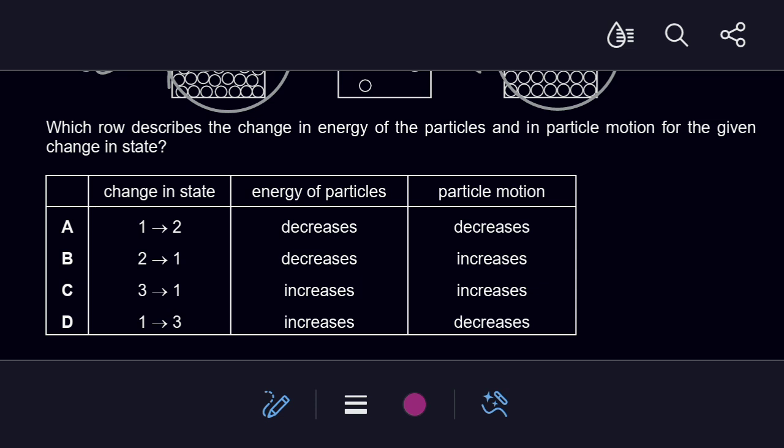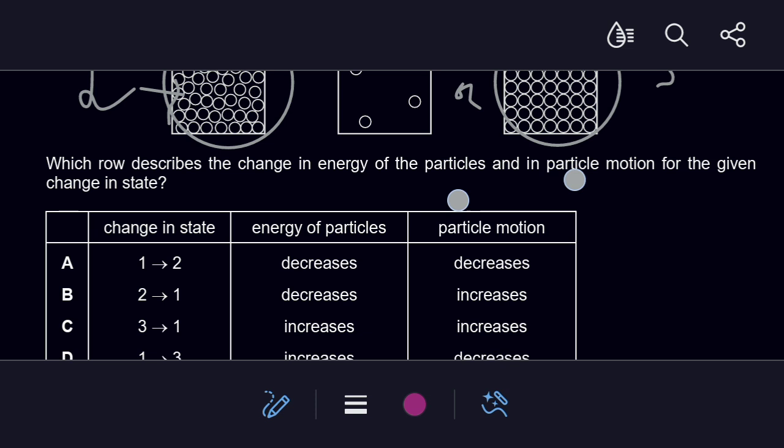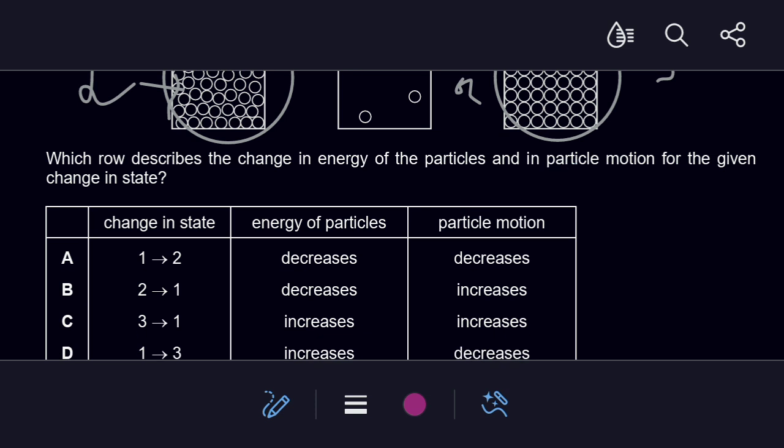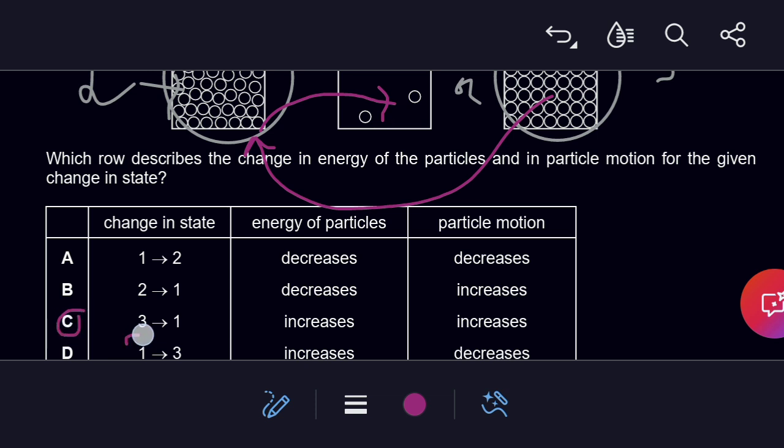So initially in number 1 we have a liquid, then it is changing to gas, and gas is changing back to solid. So if we look at the options, the particular change in state will be from solid, then liquid, and then to gas. So it is option C, that is solid, which is in third place.